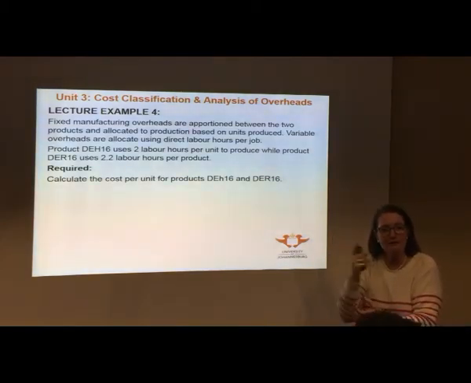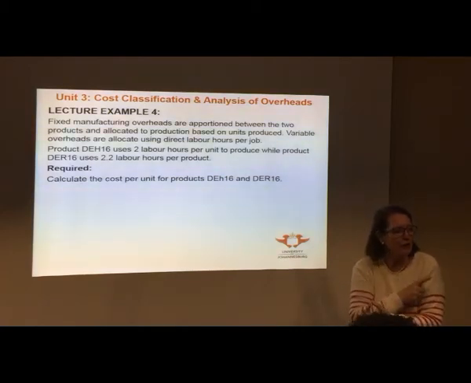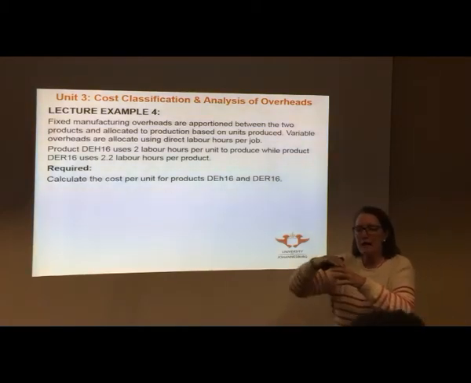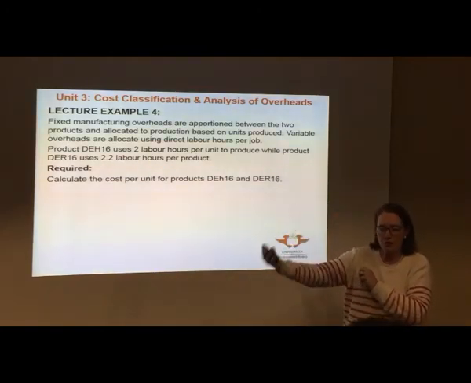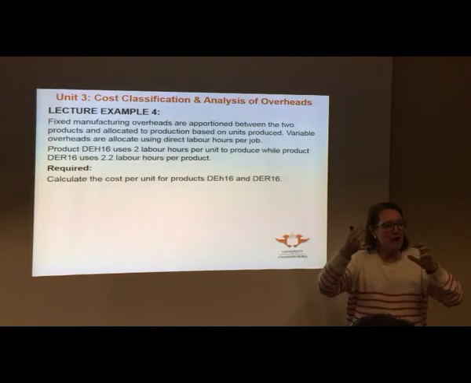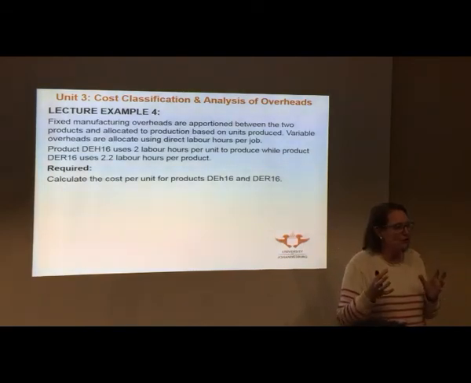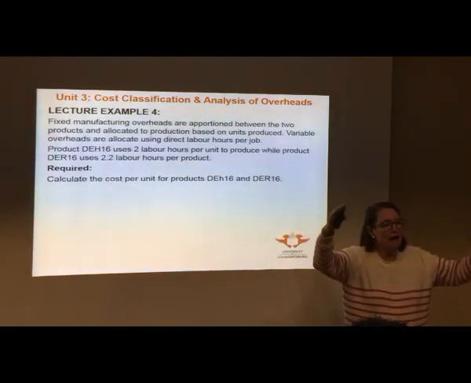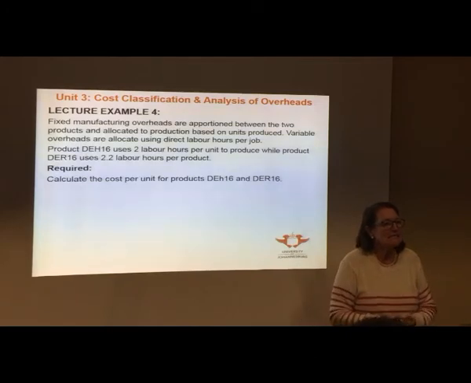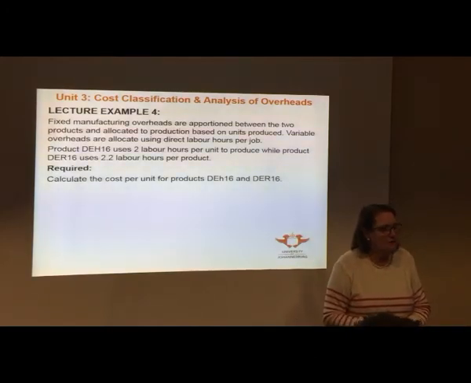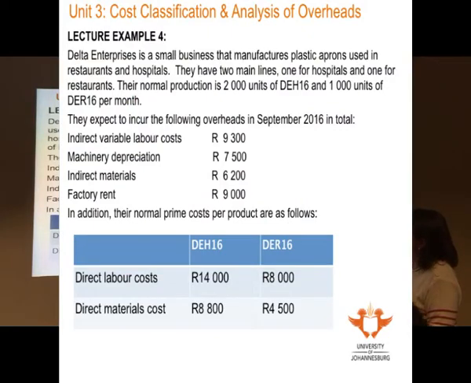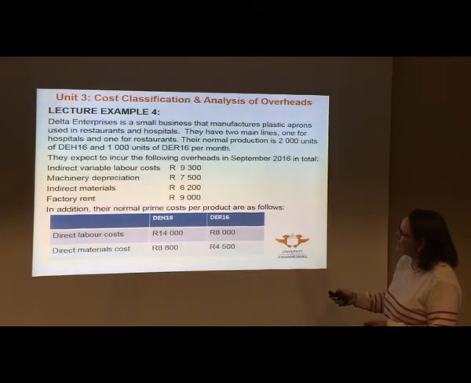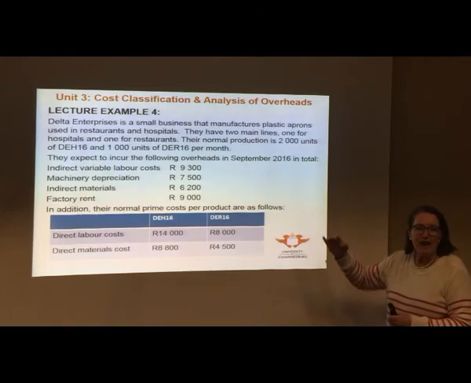Therefore, the total labor hours for product DER must be 2,200. So the total labor hours for product DEH is 4,000, and for product DER is 2,200. Therefore, the total labor hours altogether is 6,200.